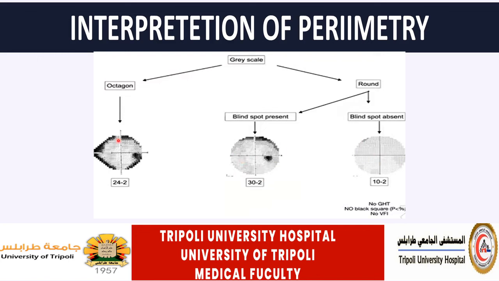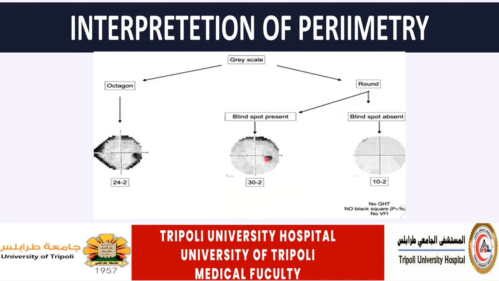If it is an octagon like this, with 8 faces, it is a 24-2. And the nasal step is always present corresponding to the blind spot. The blind spot is always present in the temporal area, and the nasal step will be here. So by this you can determine the right or left eye.